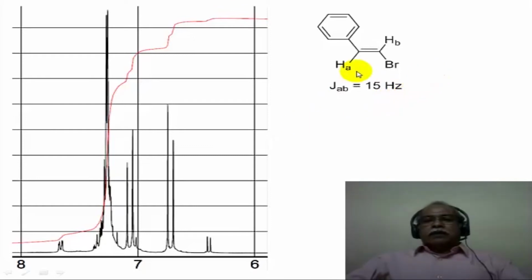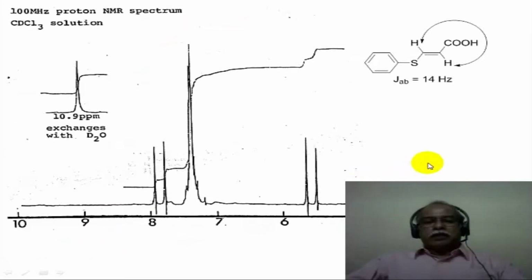Now let us consider the trans derivative of omega bromostyrene. Here also you see a doublet and a doublet corresponding to an AB type of quartet. With respect to the center of the AB quartet, it is symmetrical on either side of the spectrum, and hence this is an AB quartet which can be analyzed as shown in the transparency earlier.